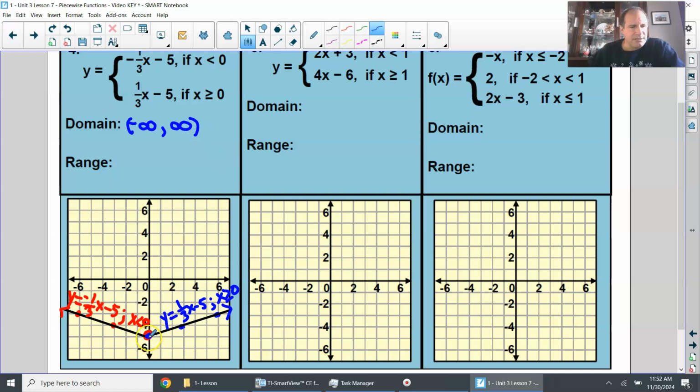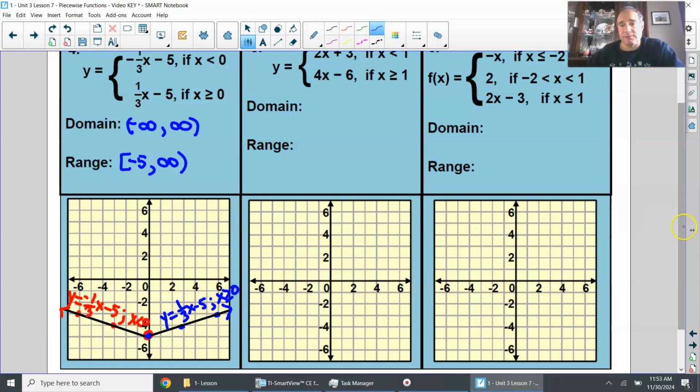The range itself starts at -5, and it includes -5. And it is positive infinity because it goes up in that direction forever.